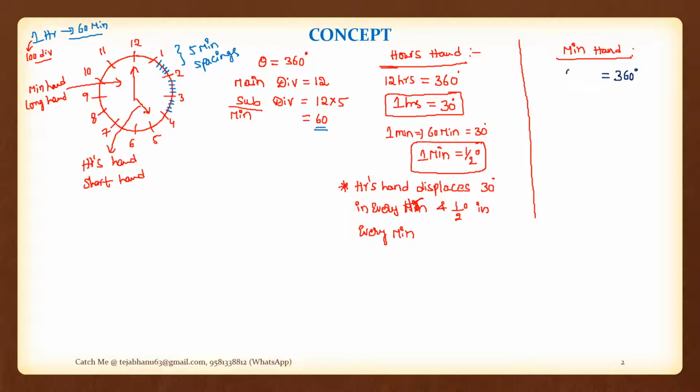The minute hand takes 1 hour to complete a 360 degrees rotation. 1 hour consists of 60 minutes, which is equal to 360 degrees, which means 1 minute is equal to 6 degrees.